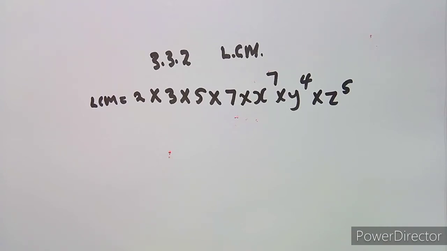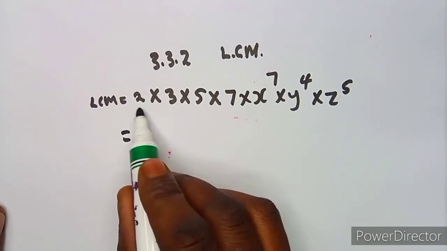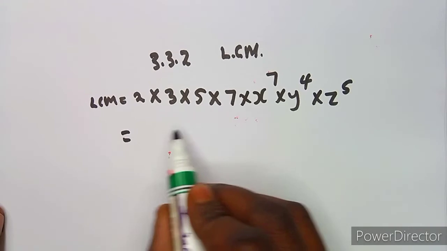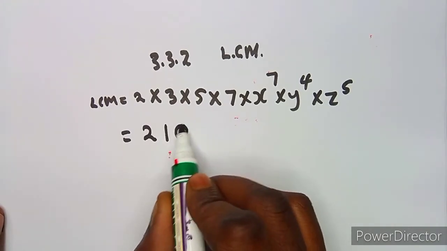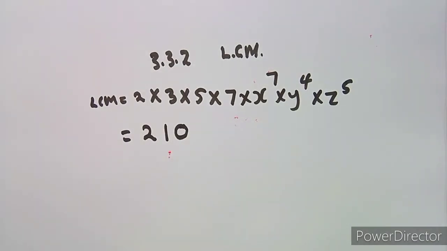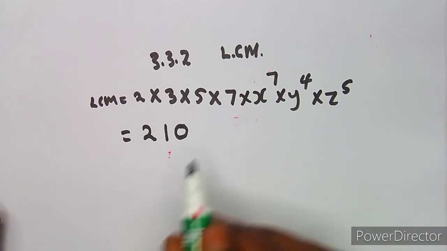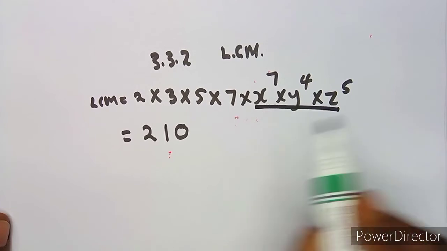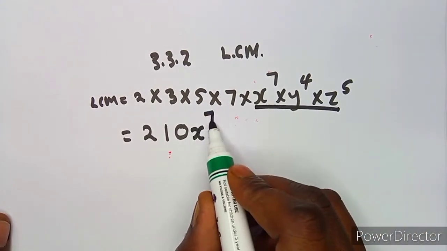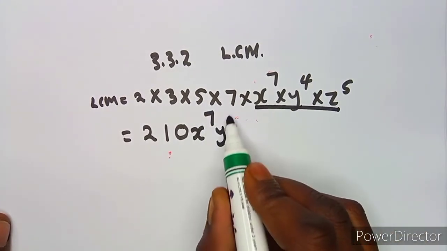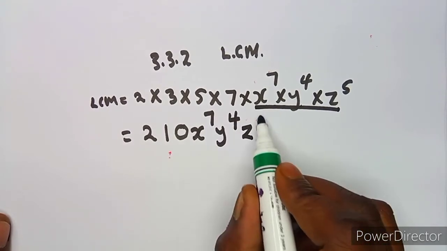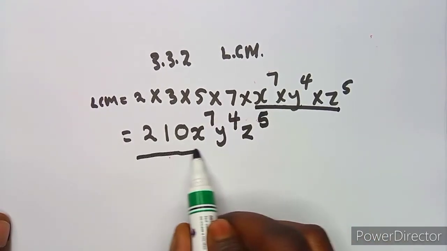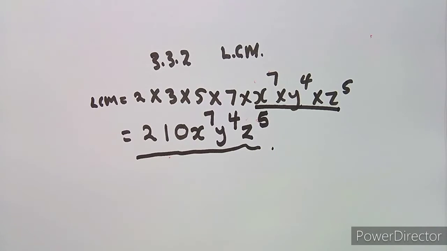Now multiply the numbers you're given here, and everything together gives us 210, if I'm not mistaken. Then this part you combine, which is just x to the exponent of 7, y to the exponent of 4, z to the exponent of 5. So this is going to be your LCM.